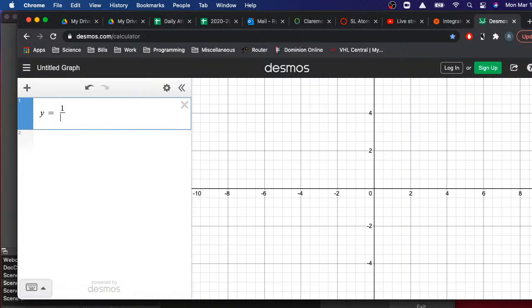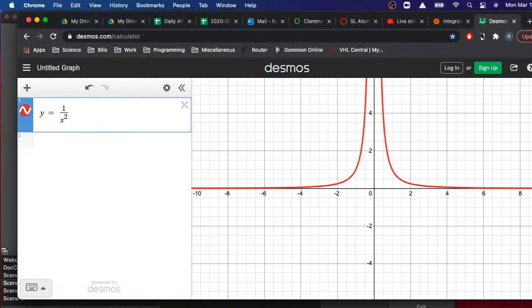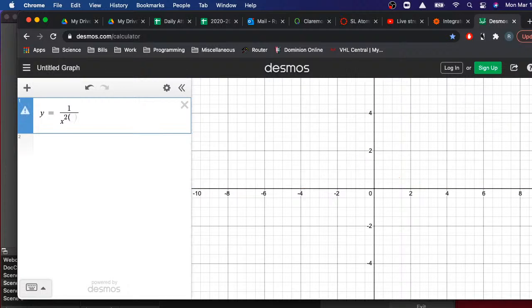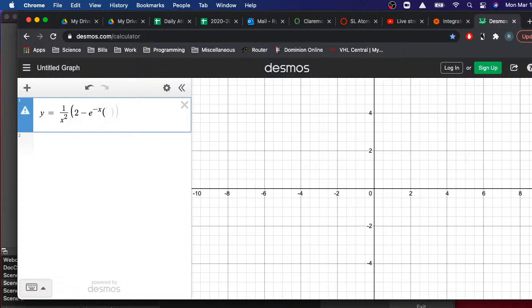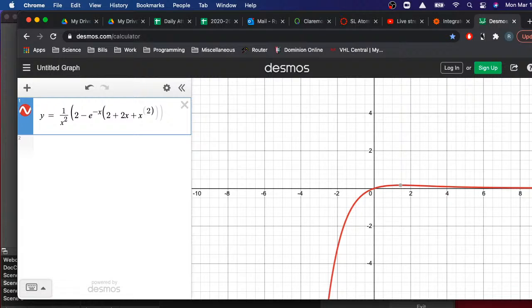I had 1 over r squared, so I'll put 1 over x squared, times the quantity 2 minus e to the negative r, times the quantity 2 plus 2r plus r squared.